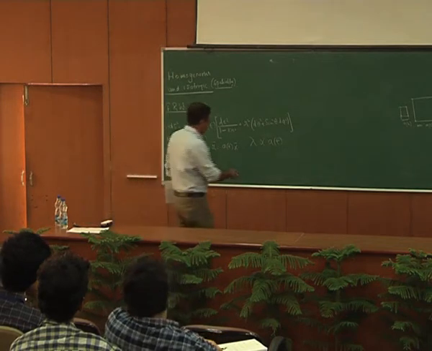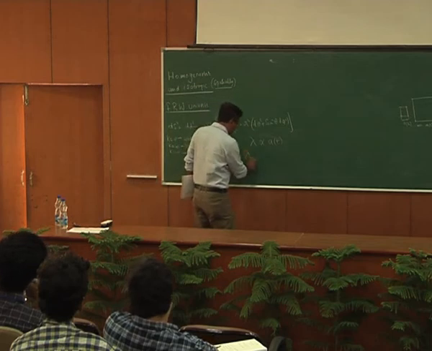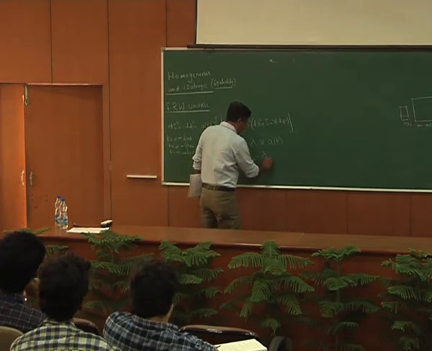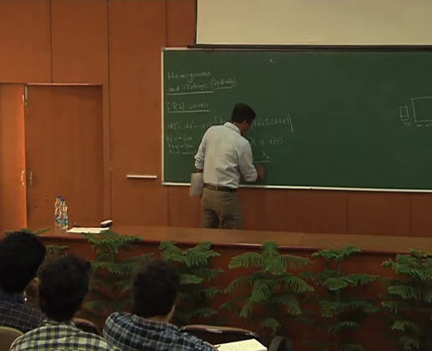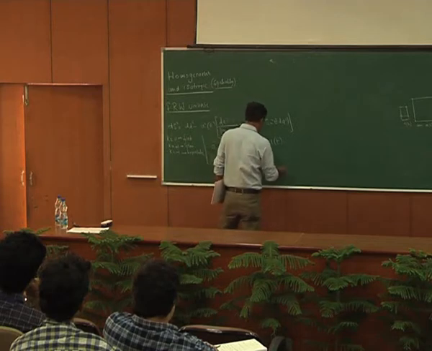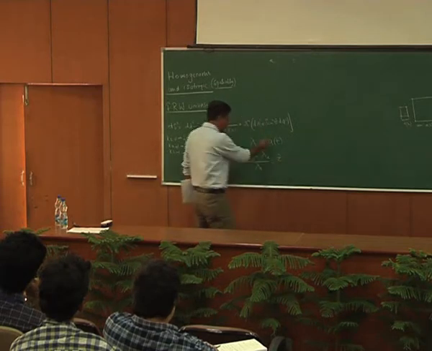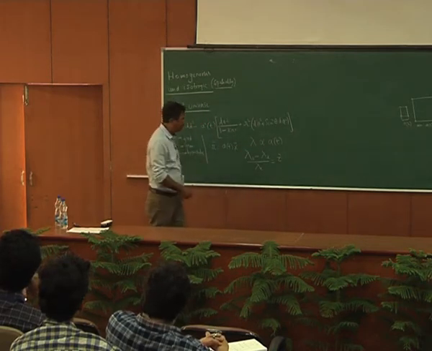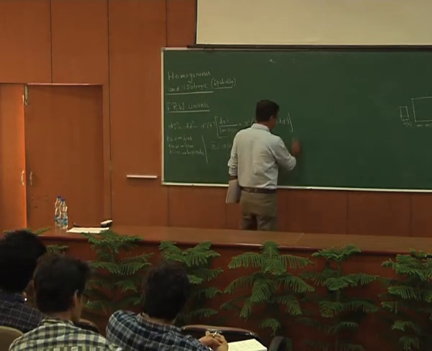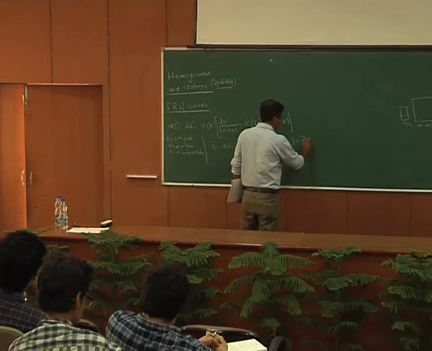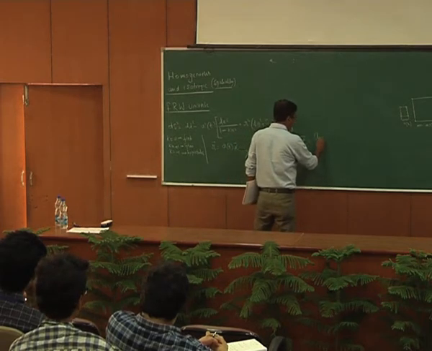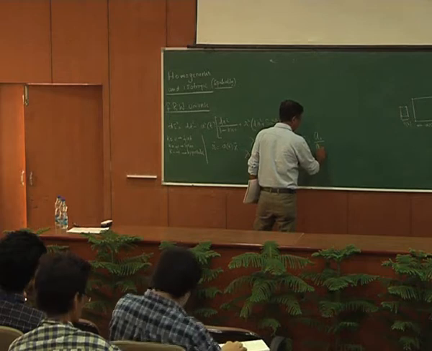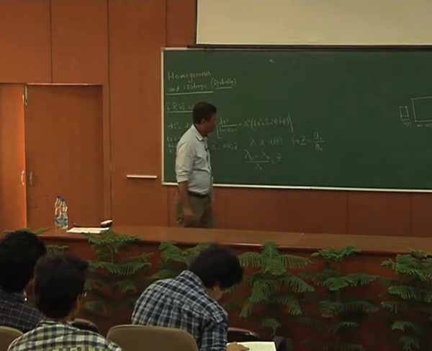And you can calculate the observed lambda over the emitted lambda, which we call the redshift, Z. And from here, you know that lambda is proportional to the scale factor, so it is not very difficult to show that the redshift is, at any point, given by this.